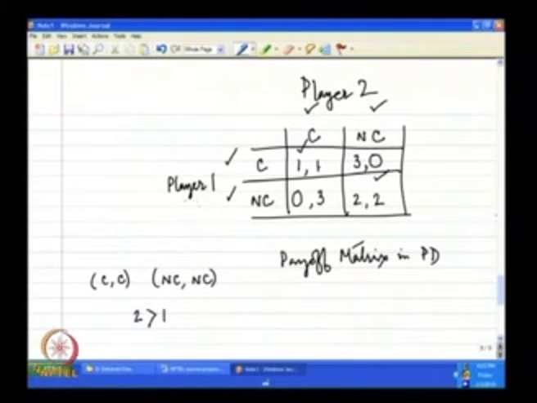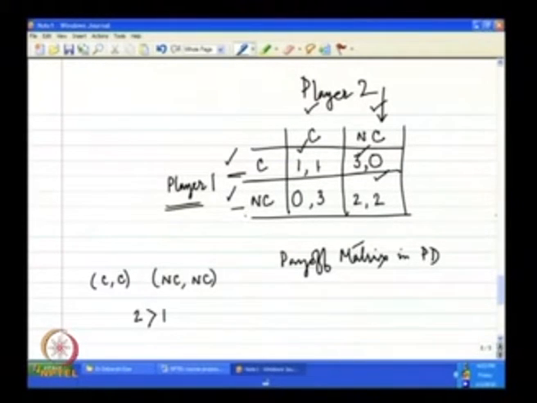Let us think it from the point of view of player 1. Player 1, if he knows that player 2 is not going to confess, all right, then is it better for him to not confess? You can see that if player 2 has chosen this column, that is not confess, then player 1 will compare between this and this, and if he chooses C, what is it that he is getting? He is getting 3.